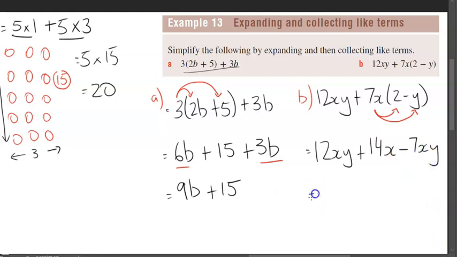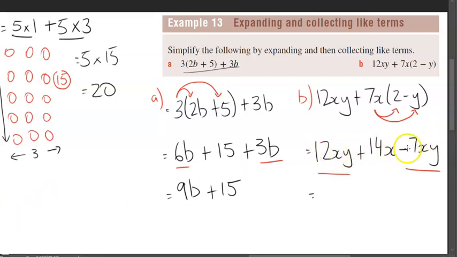All right, now we've got to look for the like terms. So which one of these is the odd one out? 14x is the odd one out because we have a 12xy here and a negative 7xy here. The xy terms are the like terms. They like each other because the letters are the same. And if this was 12xy and this was negative 7yx, it would still be like terms because the ordering of the letters makes no difference.